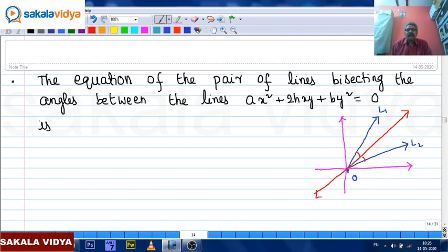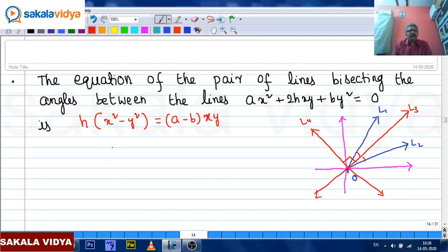These two are equal. And one more bisects like this. Always angle bisectors are perpendicular, you remember. Say this is L3, L4. The combined equation of L3 and L4 we need to find out. So that is given by h times (x square minus y square) equal to (a minus b) of xy.